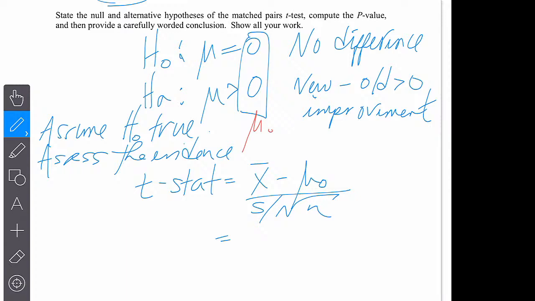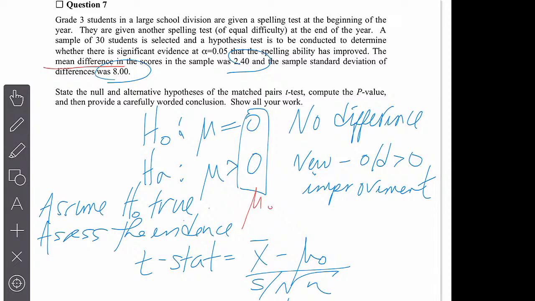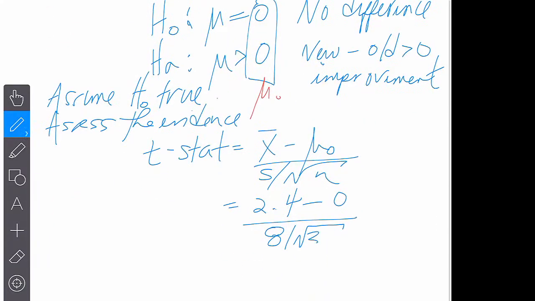x bar is 2.4 minus 0, divided by s, which turned out to be, let me go get it, 8, divided by square root of how many pairs? How many were calculated? 30, okay. 30.